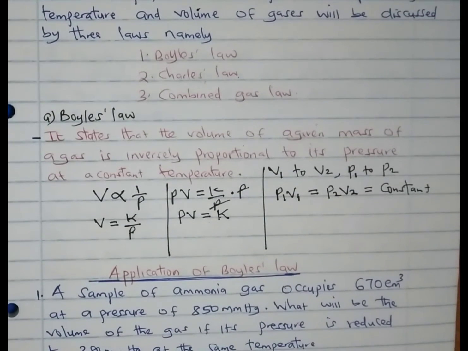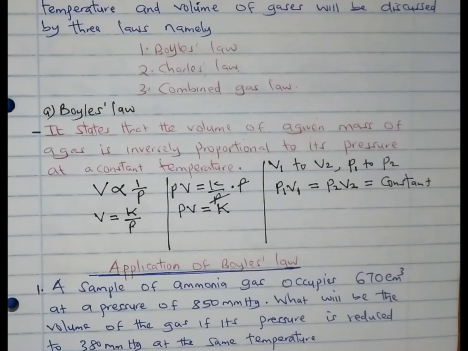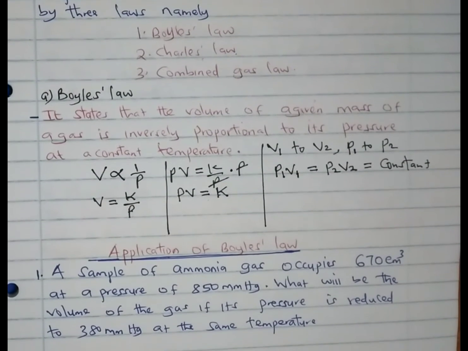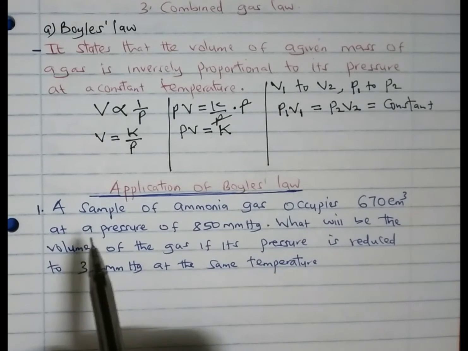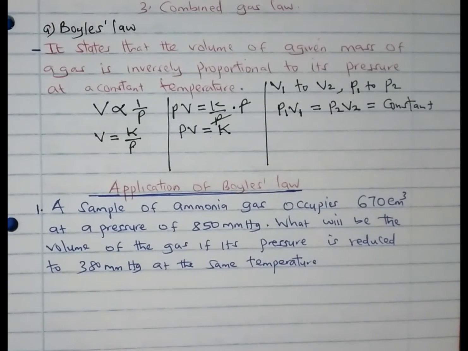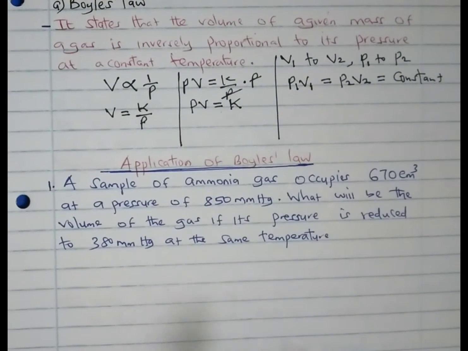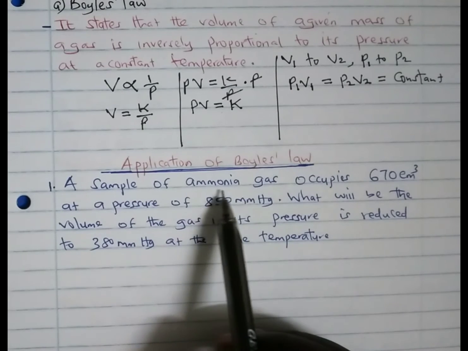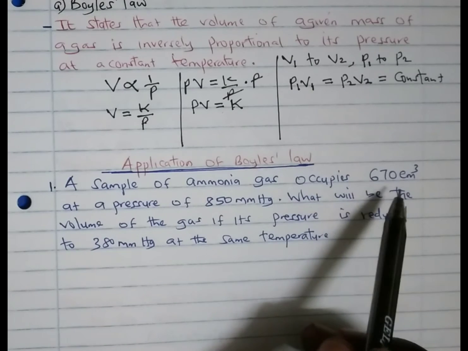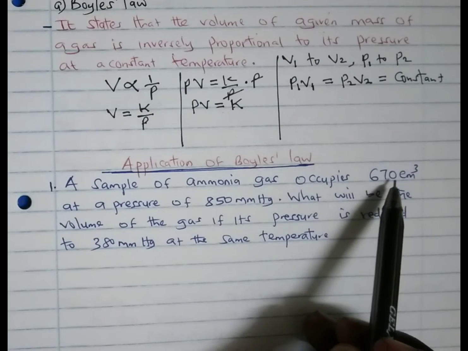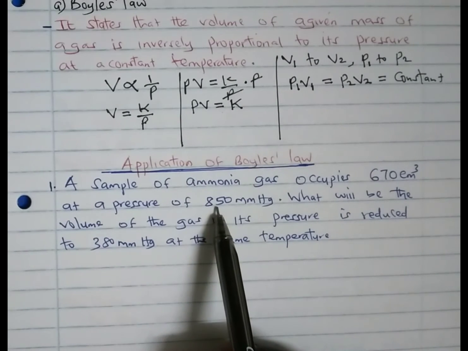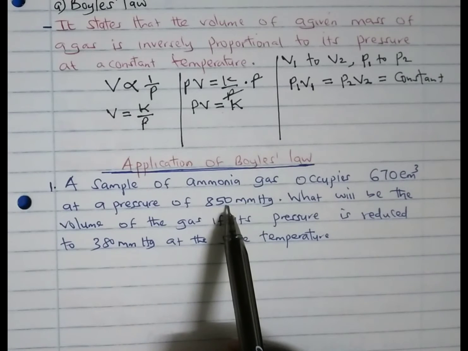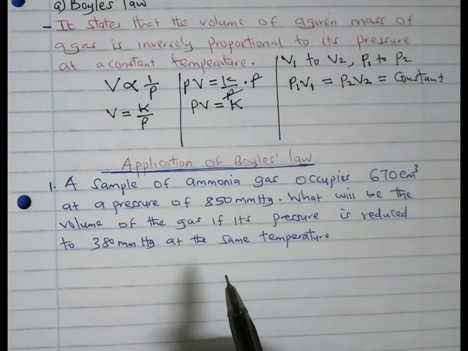Let us look at the applications of Boyle's law, and the applications are mainly in form of calculations. The first question we have reads, a sample of ammonia gas occupies 670 centimeter cubic at a pressure of 850 millimeter mercury.